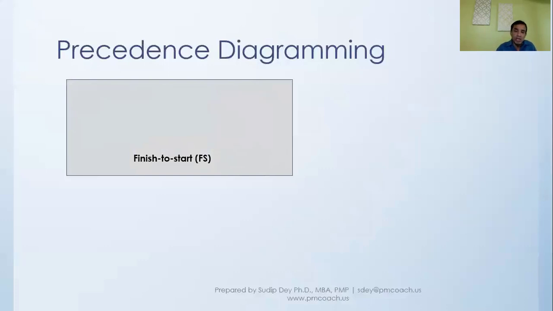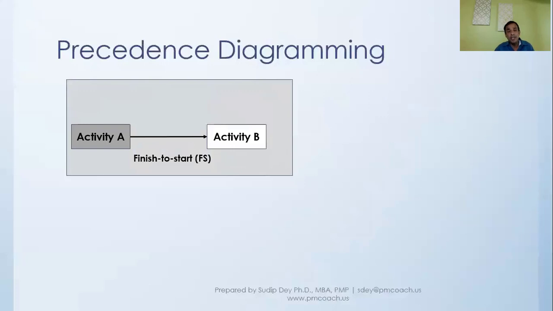Finish to start really means that activity B can start only after activity A has finished. Predecessor or successor, activity B can start only after predecessor activity A has finished. Now let's take an example. Let's say we are building a PC.